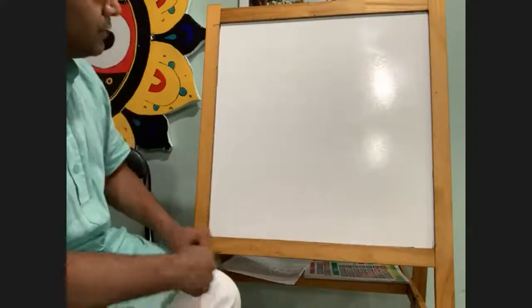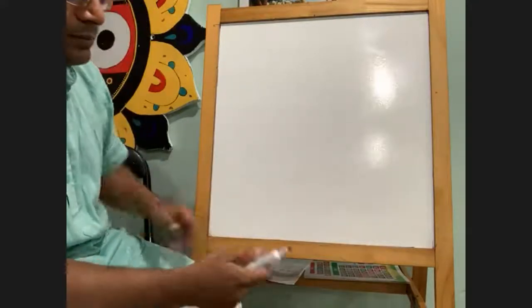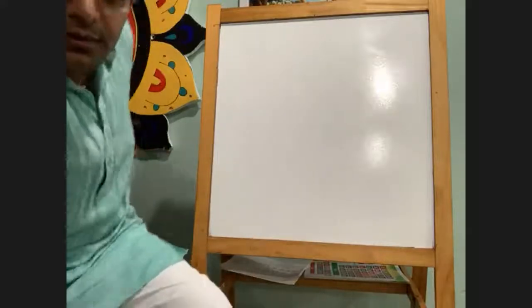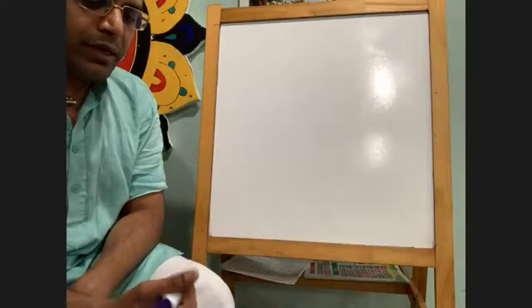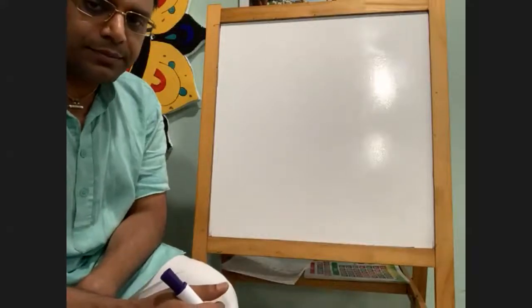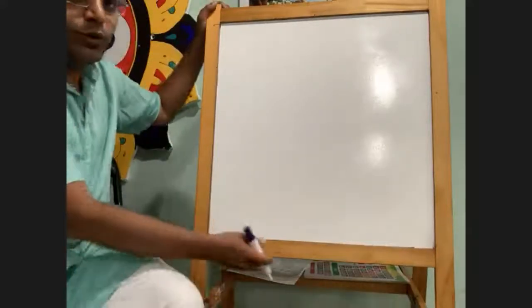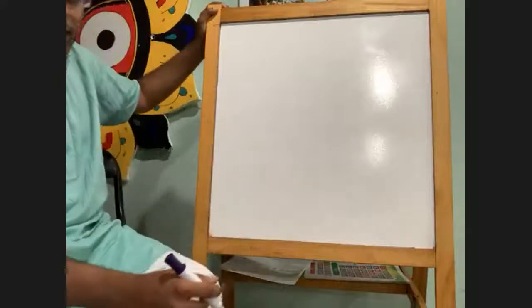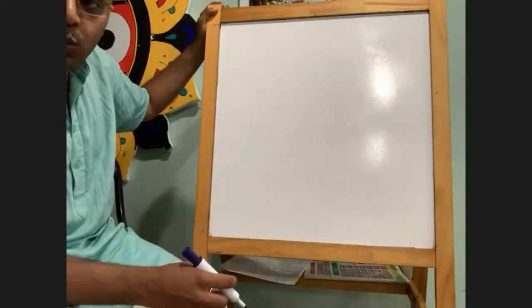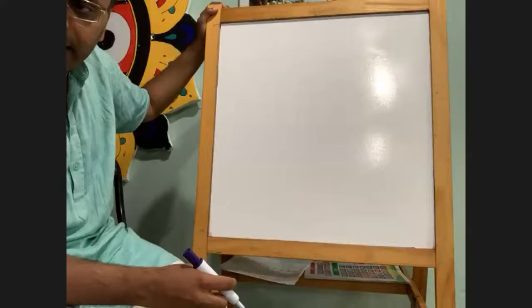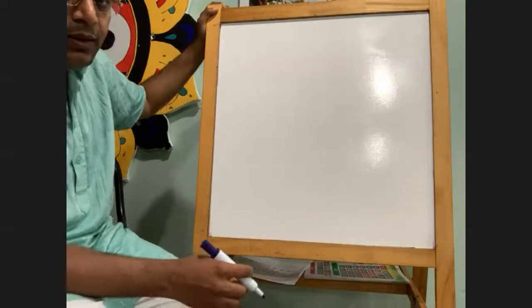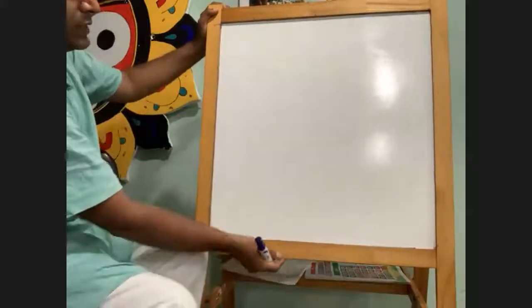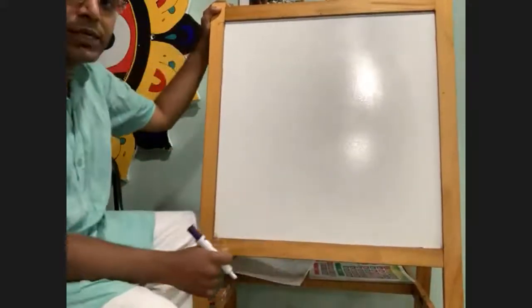Today we are going to do the vowels, and how the vowels are used in Devanagari script in writing Sanskrit or Hindi, because Devanagari is the same common script for both. We will do all the vowels and then how those vowels are used in terms of matras.